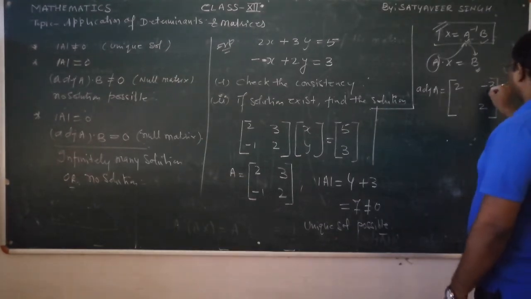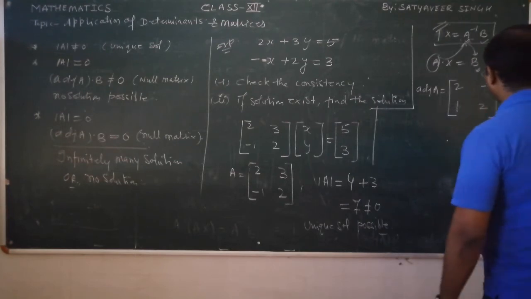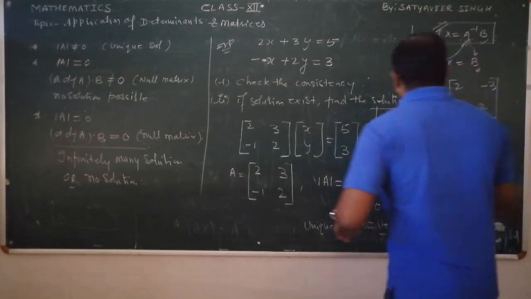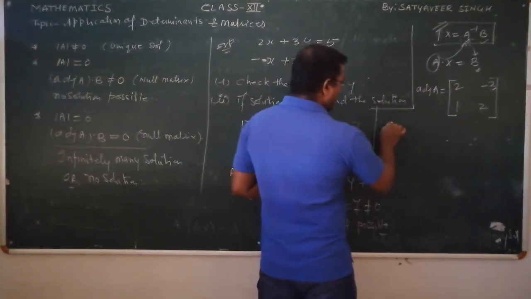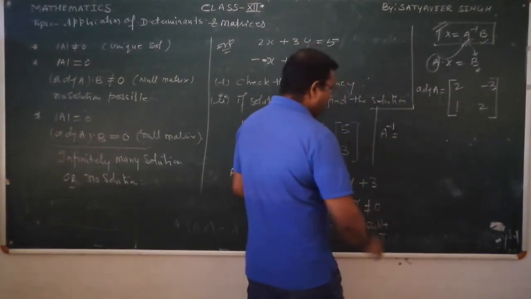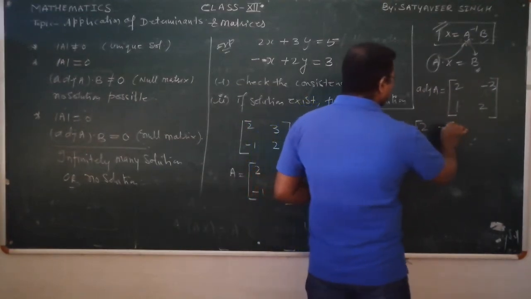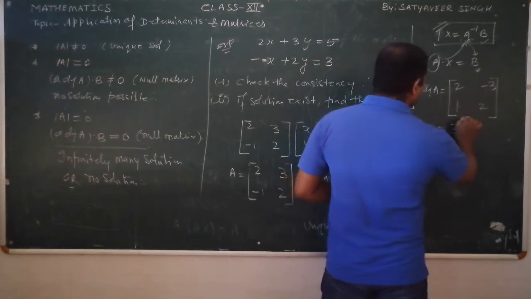Here it is minus 3 and here this 1. I have changed the sign of these two elements. Inverse I am calculating: this is the adjoint, and for the inverse I divide by 7. So this is 1 upon 7 times 2, minus 3, 1 and 2.